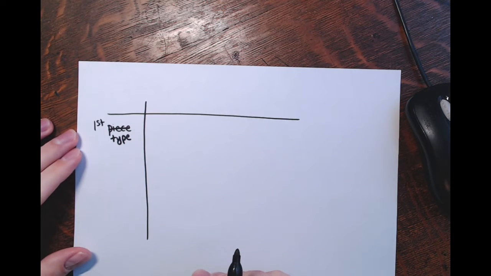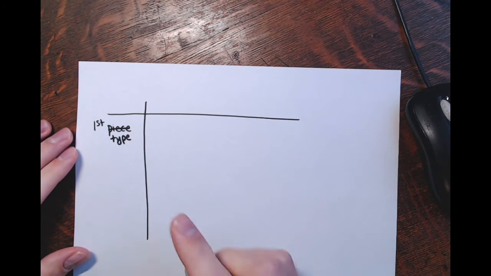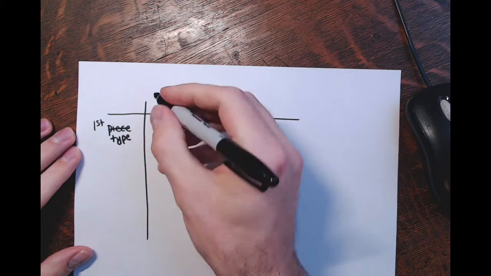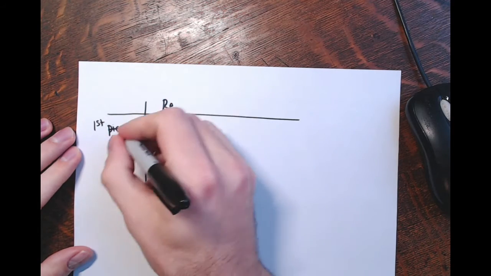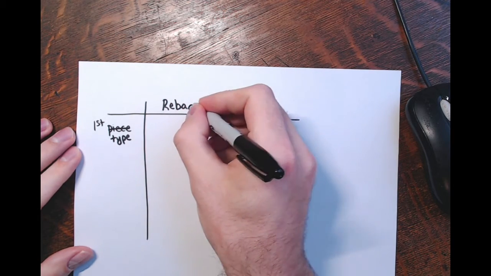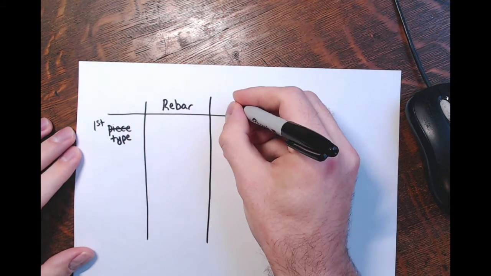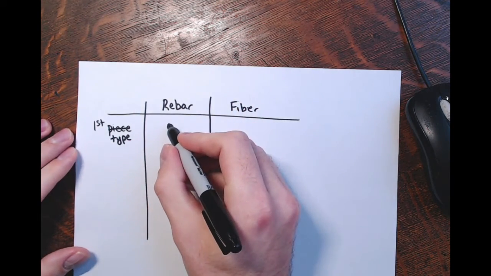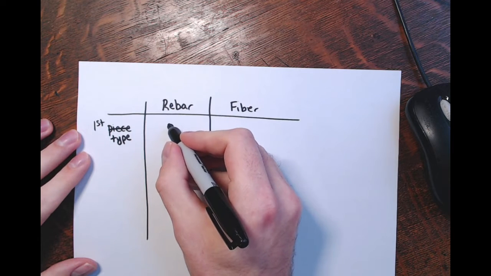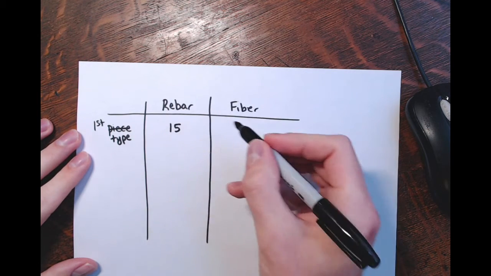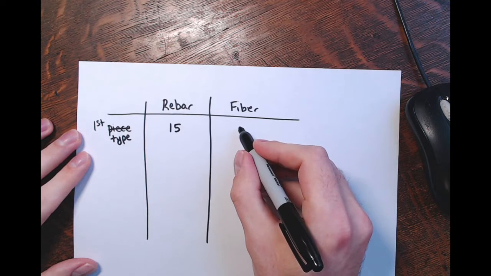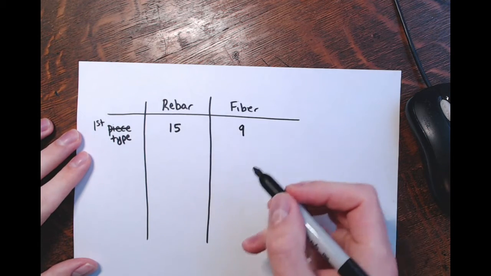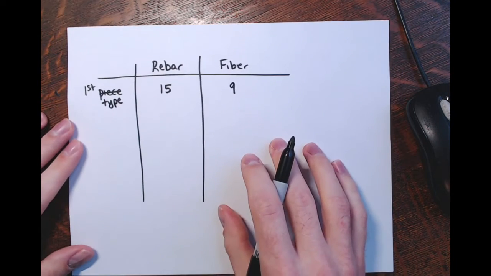As they say, they cast 6 different sizes of concrete. So first size, first type. Well, the first type of concrete, one's made with the rebar to reinforce it, one's made with fiber. And this first type, when they put it under a certain amount of stress, takes 15 minutes to crack when it's made with rebar. Only takes 9 minutes to crack when it's made with fiber.